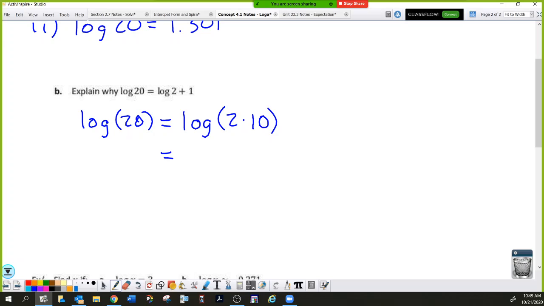What we can do is we can say, now let's go to the argument. I can say that that 2 is actually a power of 10, like we did on the front. I can say that that 2 is 10 raised to the log of 2, times 10 raised to the 1.